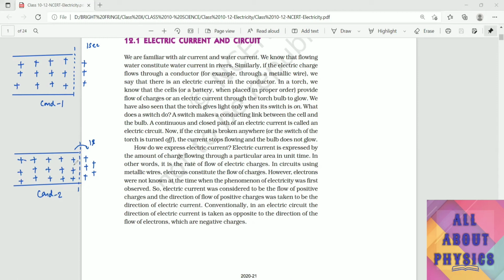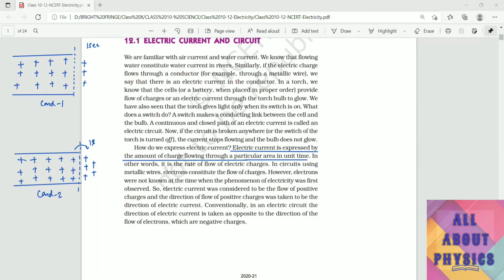As in the definition that we have said, it is the rate of flow of electric charge, meaning it is the amount of charge flowing through a particular area in unit time. You can also underline the definition of electric current in your book. Electric current is expressed by the amount of charge flowing through a particular area in unit time.